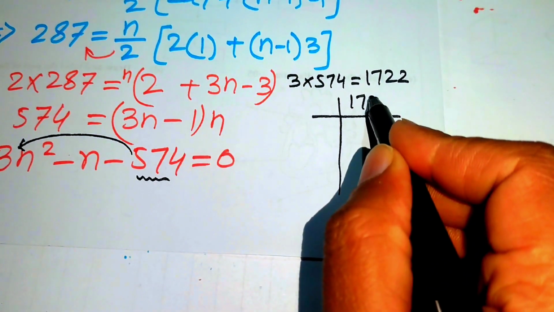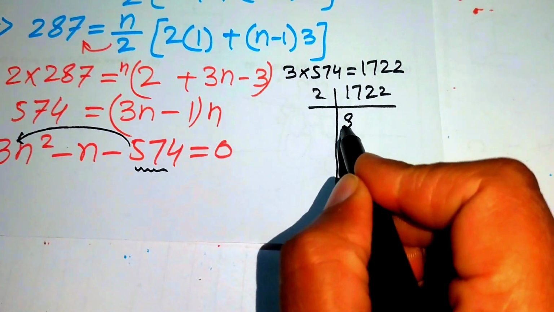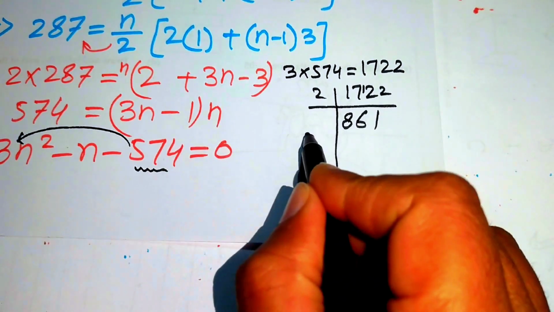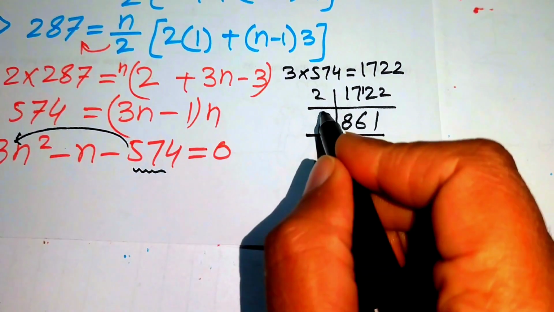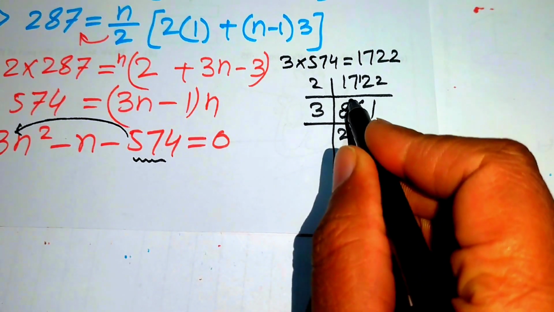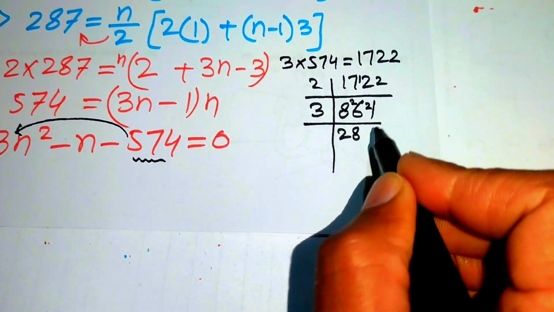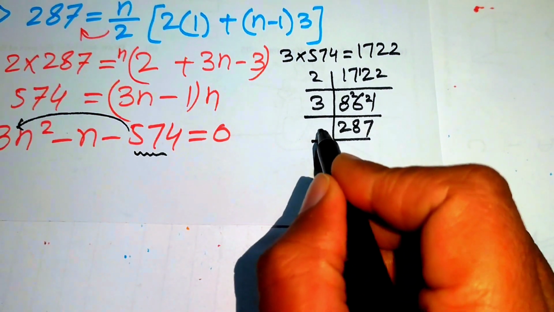So we have 1722. Now first we divide it by 2, and we have 2 8s are 16, and we carry 1 and 2 6s are 12, and 2 1s are 2. So here we divide this expression by 3, and we have 3 to the 6, and we carry 2, and 2 8s are 24, and we carry 2, and 2 7s are 21, and we again divide it by 7.